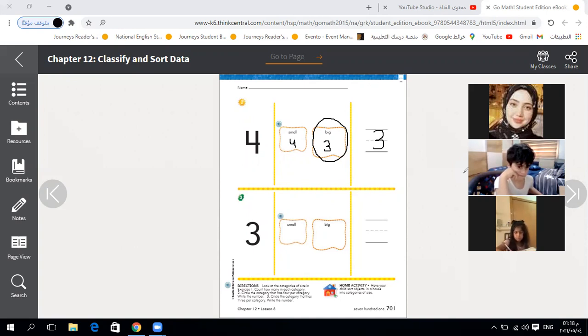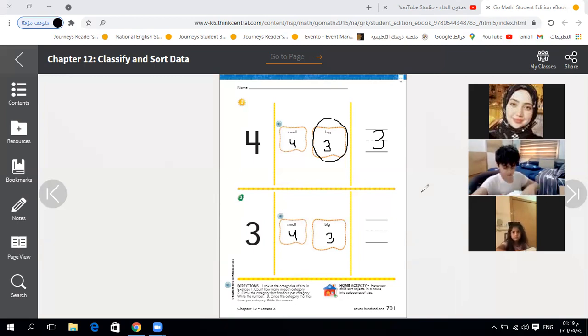Yes, Amir. Now we want to circle the category that has 4. We said we have 4 small shapes and 3 big shapes, right, on the previous page. So which category has 4 shapes? The small or the big?